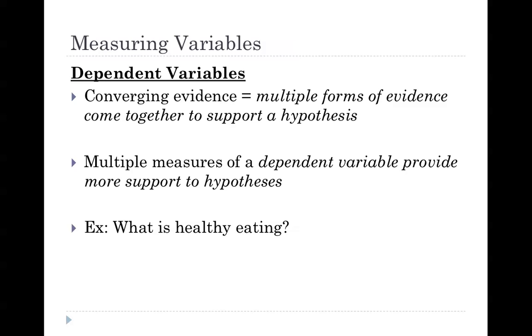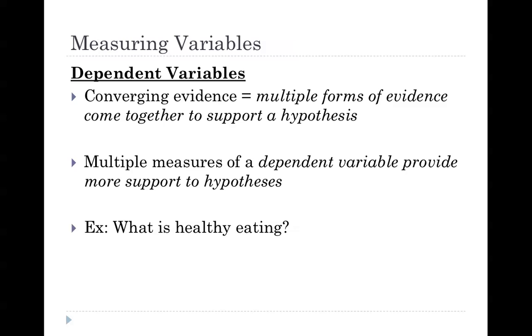However, regardless of whether you're using an indirect or direct measurement, and regardless of whether you're using a self-report, a behavioral, or a physiological measure, you want to have converging evidence. Converging evidence is when you have multiple forms of evidence come together to support a hypothesis.